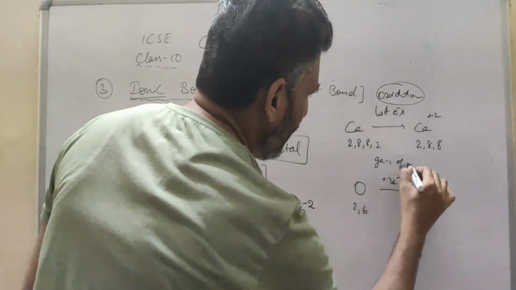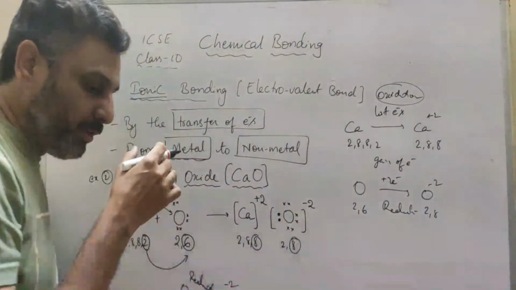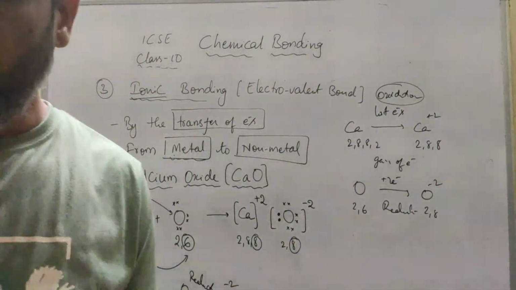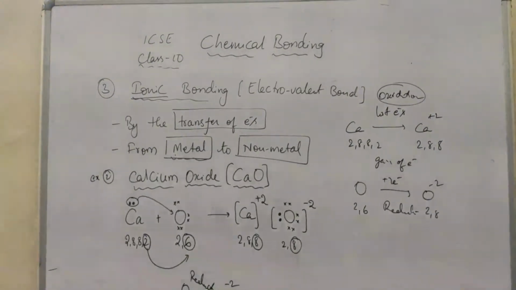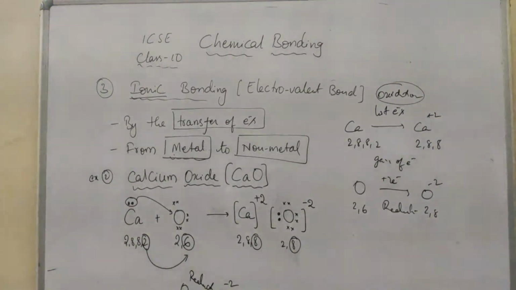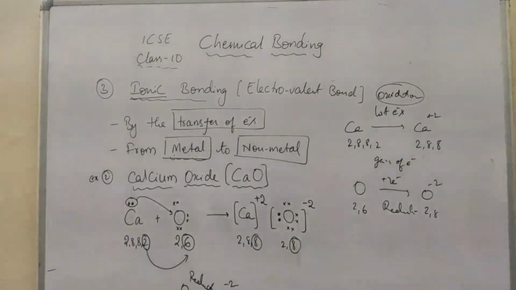This is reduction. So loss of electron is oxidation and gain of electron is reduction. Metals undergo oxidation and non-metals undergo reduction.